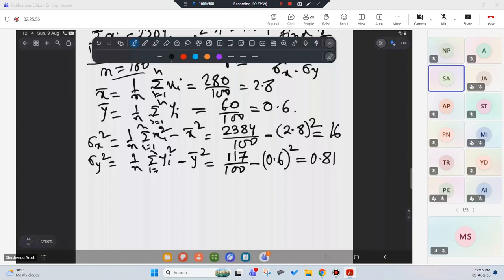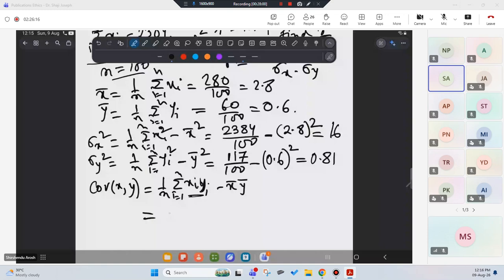So then the basic parameters we have calculated. So we can now find out the covariance, the last parameter, that is again 1 by n summation xi yi minus x bar y bar. So this is also again given.